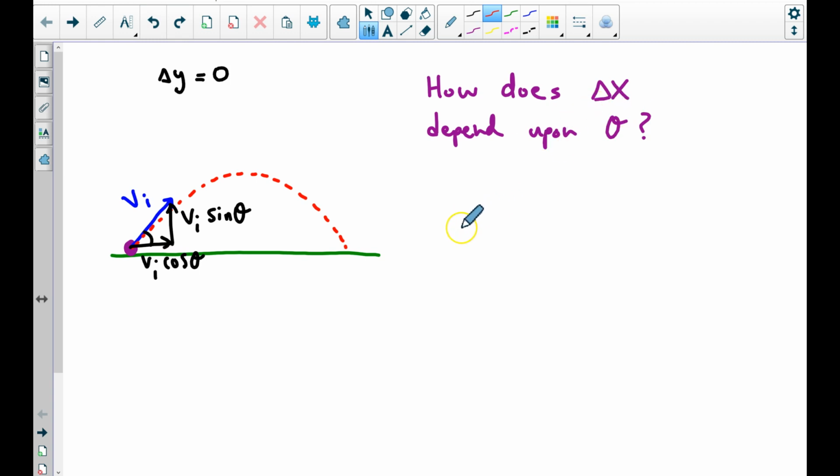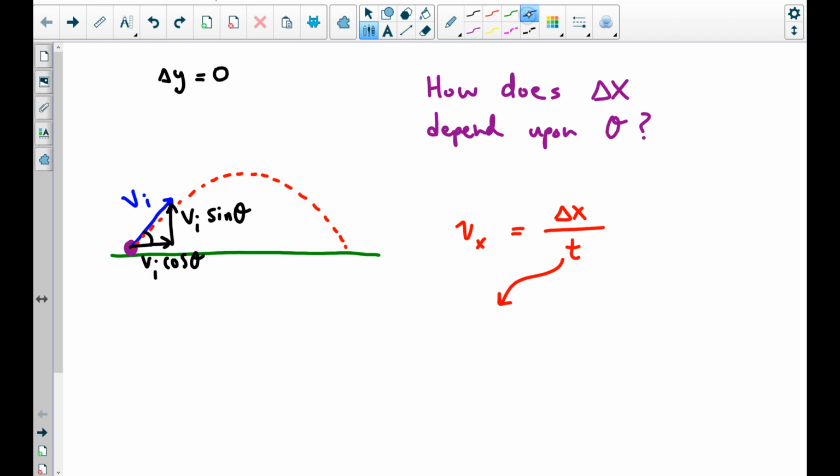To find delta x, we would need to use this equation. Now, let's imagine it's too hard to measure the time that the object is in flight, which means we would have to calculate time from something else. Do we know any equations with the y-axis involving time?